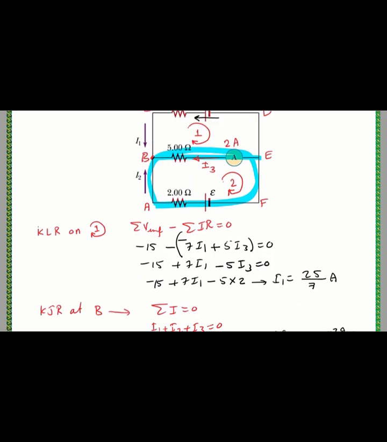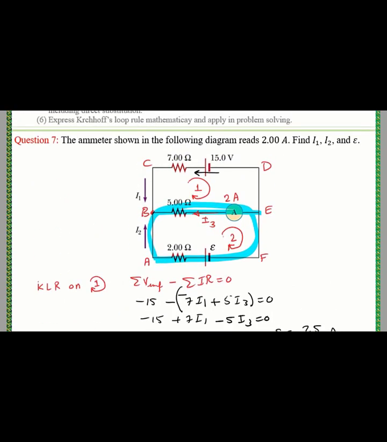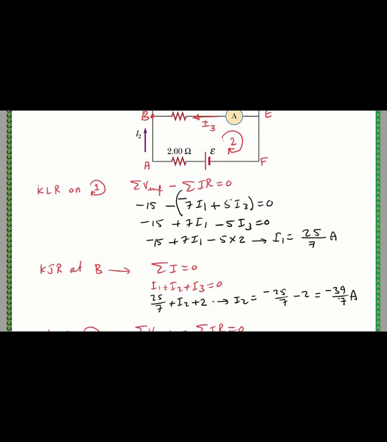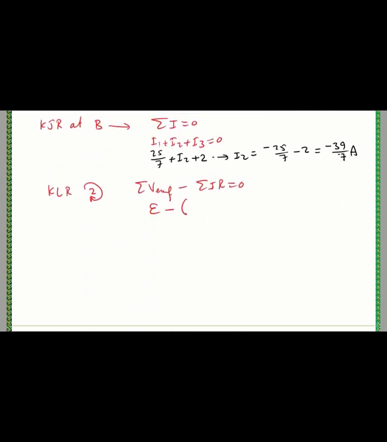Now for the currents, in the lower branch, the current is I2 and it is in the same direction of the analyzing, so it is positive, I2. It is flowing through 2 ohms, and I3 is against the analyzing because I am going clockwise, so it is negative and flowing through 5 ohms. So I have I2 times 2 minus I3 times 5. 2I2 minus 5I3 equals 0.